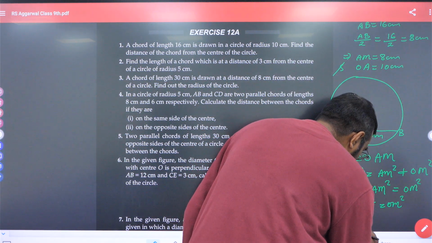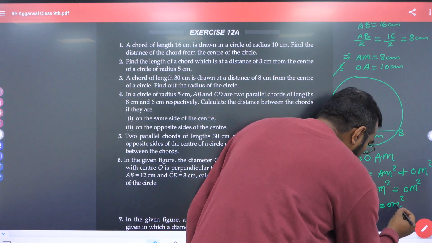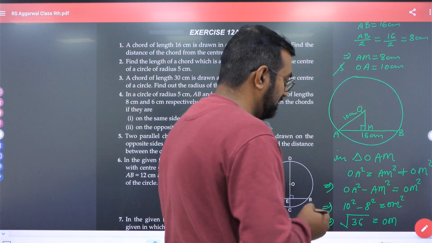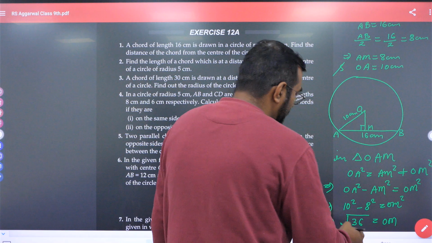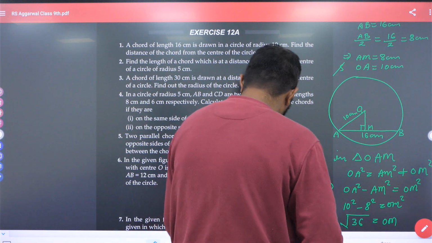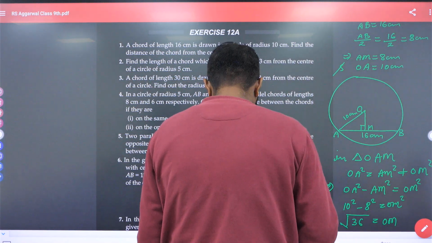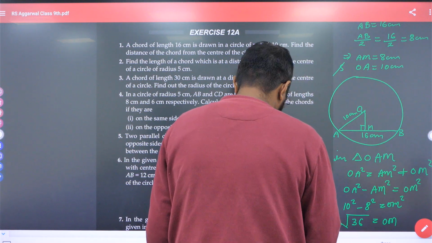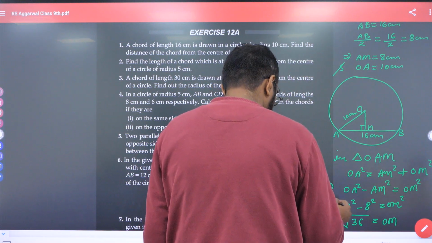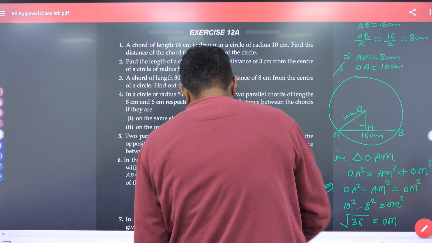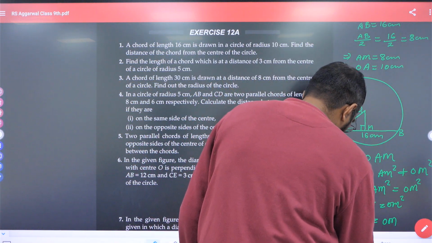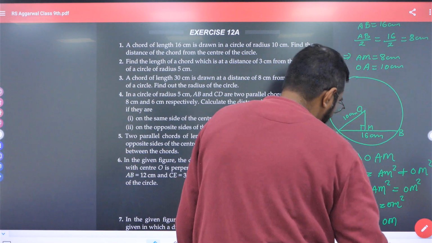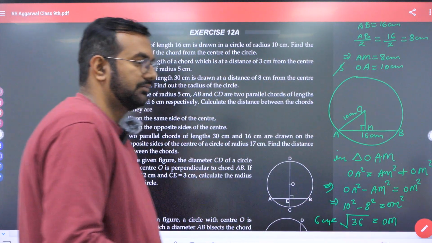And we will put it in the root, na? Because OM square is this, OM will be under root 36, and the value of under root 36 is equal to 6 centimeter. So we can say OM is 6 centimeter. Okay? Yes, sir.